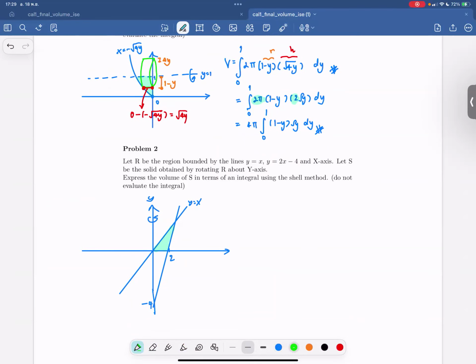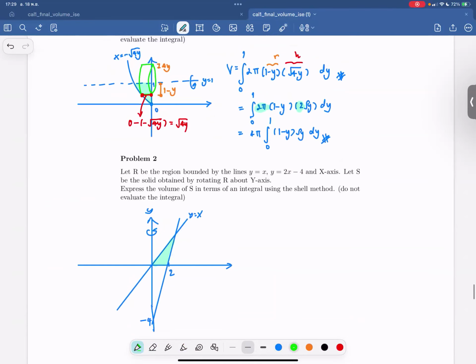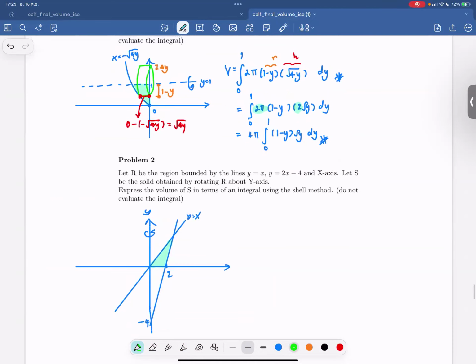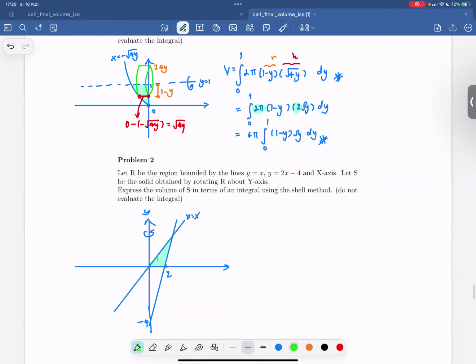And then you firstly draw your cylindrical shell. If you draw the cylindrical shell here, the height should be the function y equal to x, right?